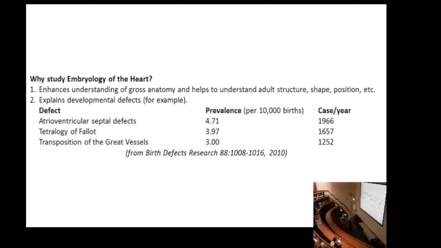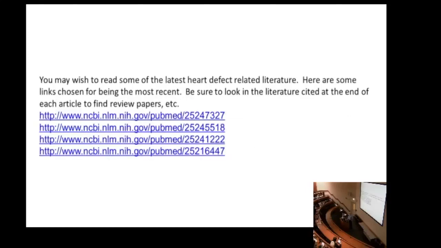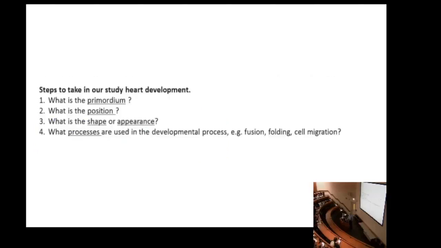But that's a big percentage. And that's why you want to know about these, not just to understand the adult heart, but also to understand how to fix it. Now, I put also some links in here for you. They're probably easily accessed through the PDF version of this, if you want to do some extra reading on the heart development, heart defect literature.